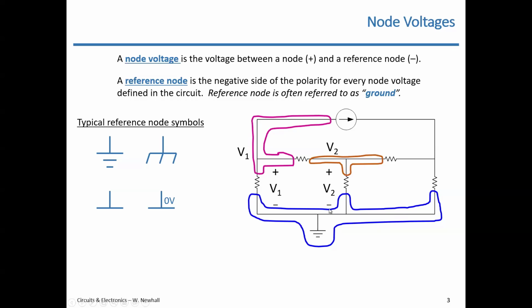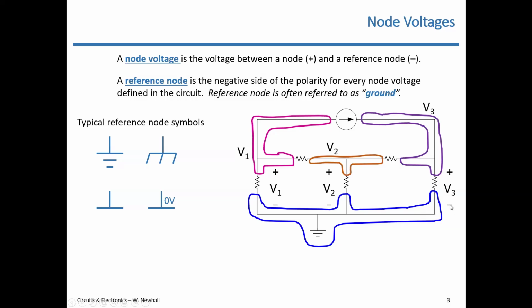So when I define a ground node, I can write a node voltage, I can define a variable next to a node, and I don't have to write polarities because they are already defined. Negative is at the reference node. Positive is at the node next to which the variable is written. So here's V3. V3 is this darker purple node with the positive at that upper right node and the negative at the blue node.